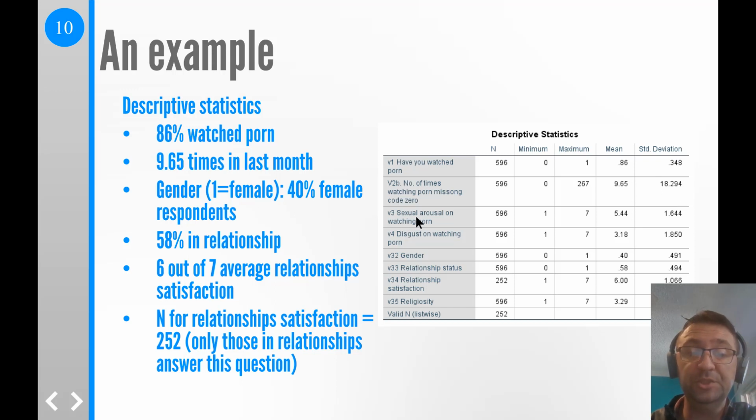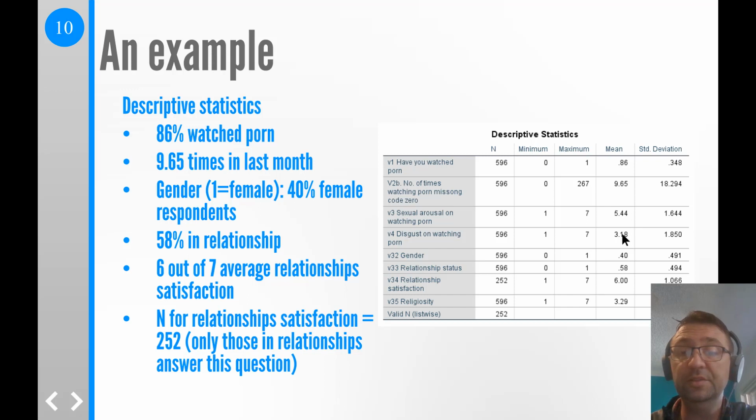We've got a few other questions here. These are questions like, how much are you aroused when you watch porn, or how disgusted are you when you watch porn? It goes from 1, which is not aroused at all, to 7, which is highly aroused, or 1, which is not disgusted, and 7, which is disgusted.